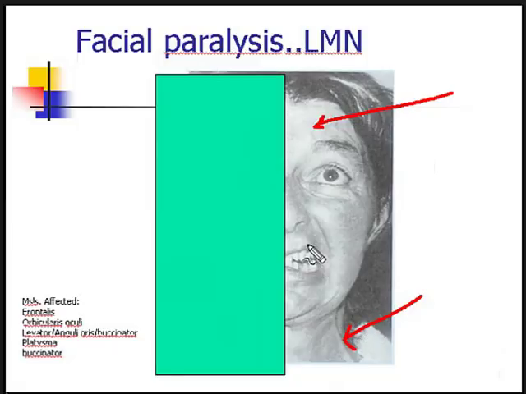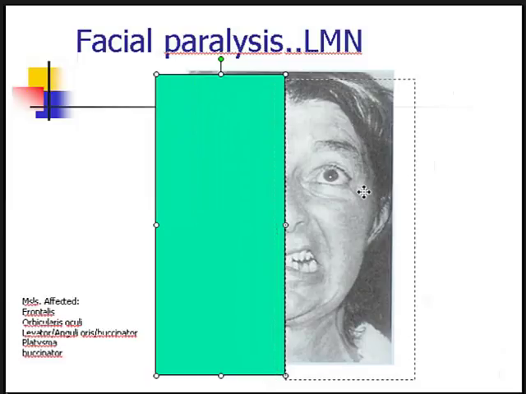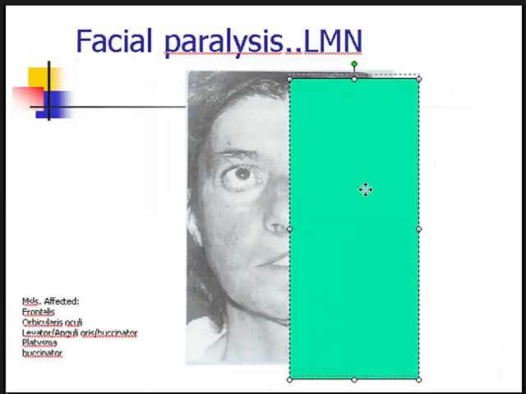If you ask them to blow from this side of the mouth, they'll be able to do that using the buccinator. Now, we obviously will ask them to do this together, but I'm showing you what is seen on the left side, which is absolutely normal. On the right side, notice there are no furrows here.